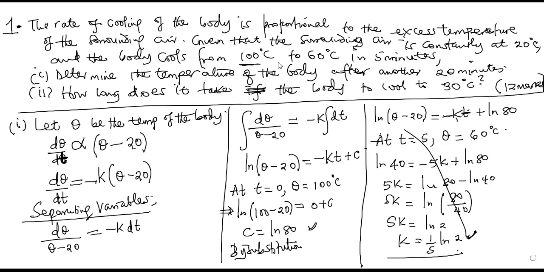Now, after this, you go ahead to substitute the value of k and c, and we shall have by substitution that ln(theta minus 20) is equal to negative kt.